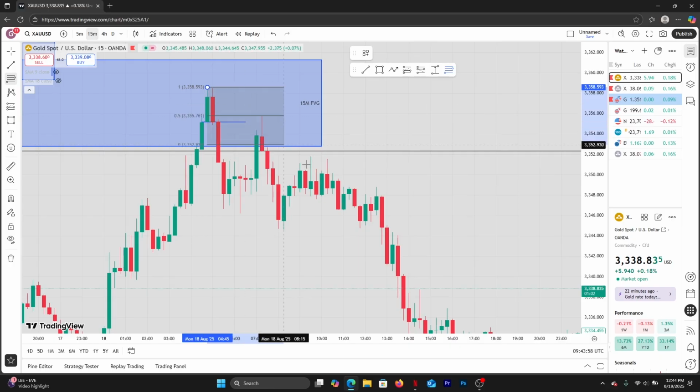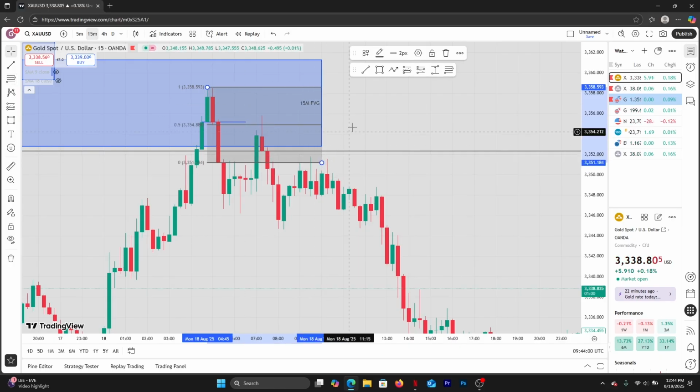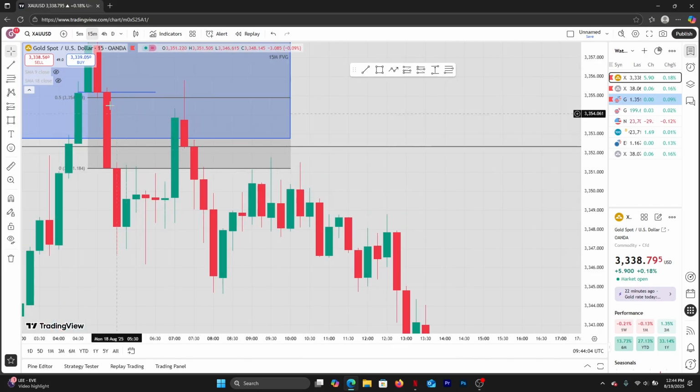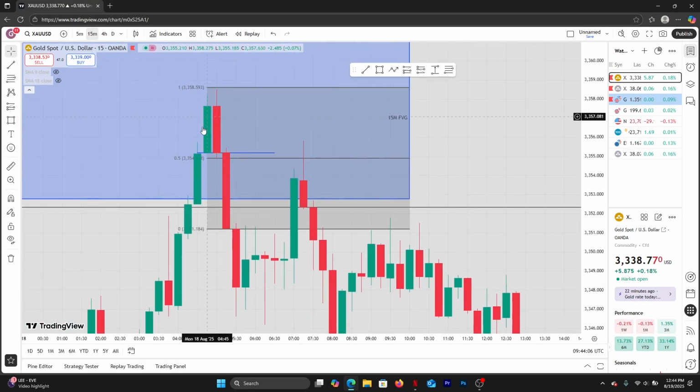So this dealing range up to this point, and then we are further supported by the fact that this bullish candle here does not have a wick, so price has to retrace to this level to put a wick on this level and also give us an entry.